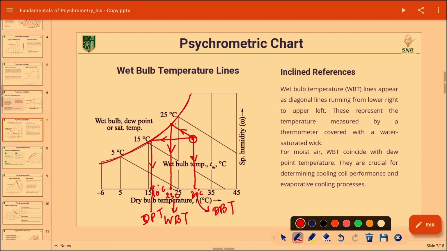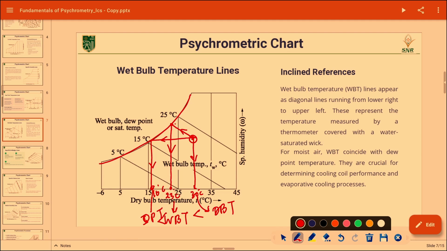From this what do we observe? Dew point temperature is the lowest when compared to wet bulb temperature and dry bulb temperature. Which has the highest value for a particular condition of the moisture? Dry bulb temperature is greater than wet bulb temperature, and wet bulb temperature is greater than dew point temperature. So, this is the order.